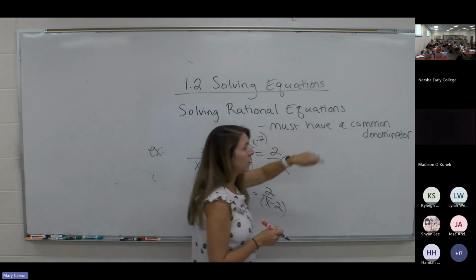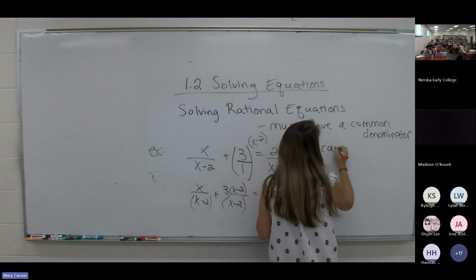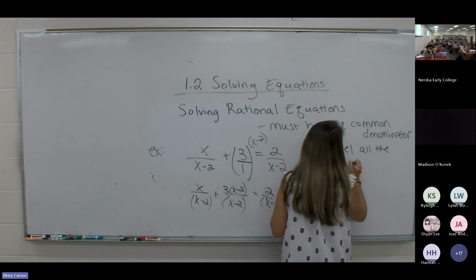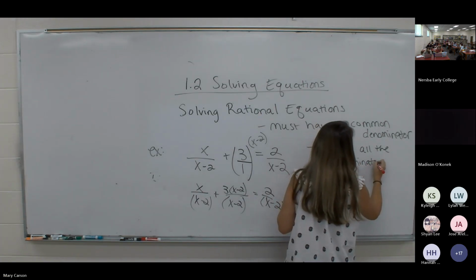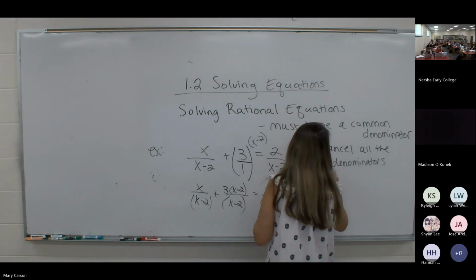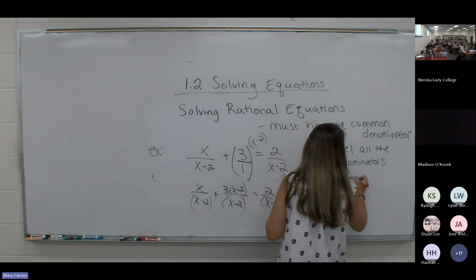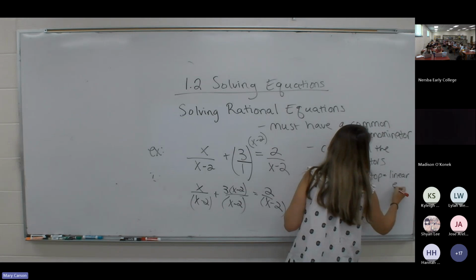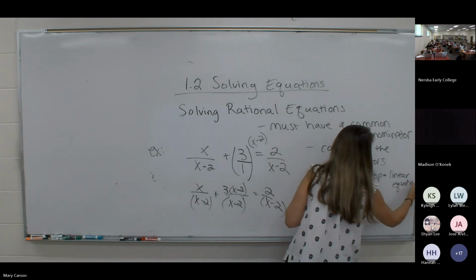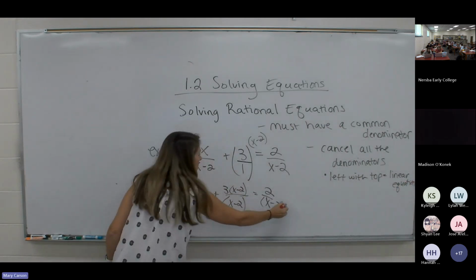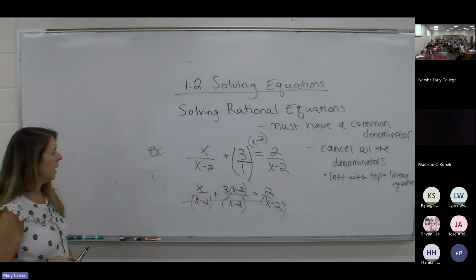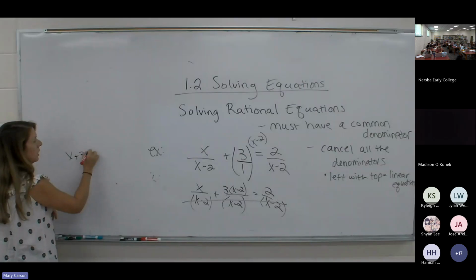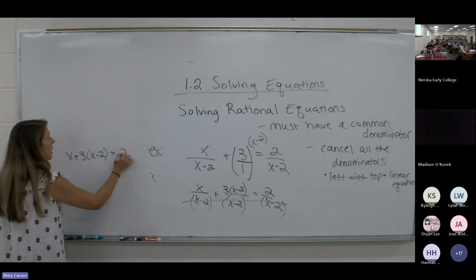So once you have a common denominator, you can cancel all the denominators and you're left with the top, which equals a linear equation. So this all goes away, and now I'm just left with the top, which is x plus 3 times x minus 2 equals 2.